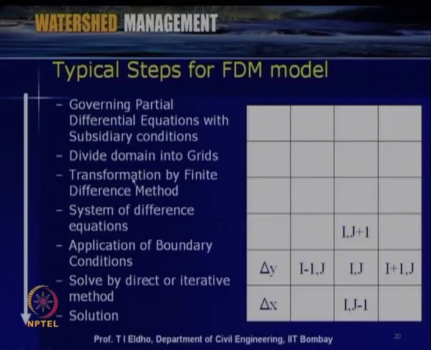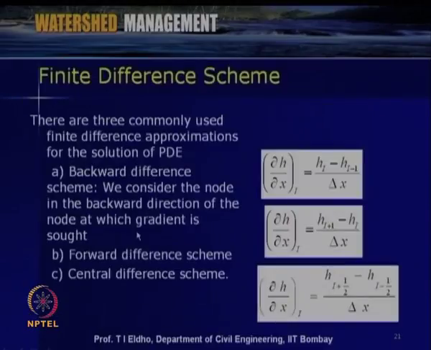Then next is transformation by the finite difference method. As I mentioned, either first order or second order partial differential terms can be transformed, and then finally we can form a system of difference equations for the total grid points which we consider. Then we can apply the boundary conditions and solve either by direct or iterative schemes. So, we get the solutions.